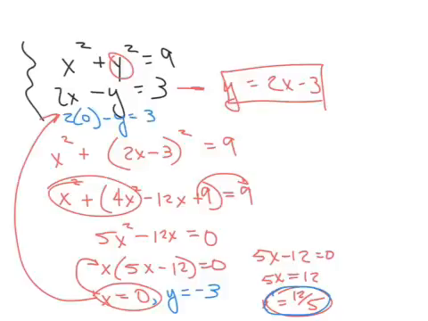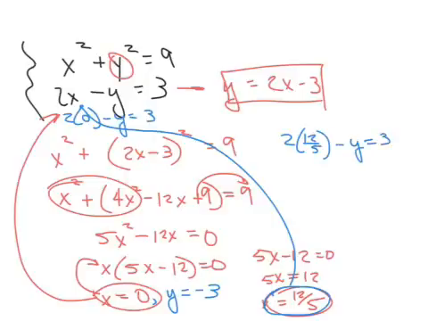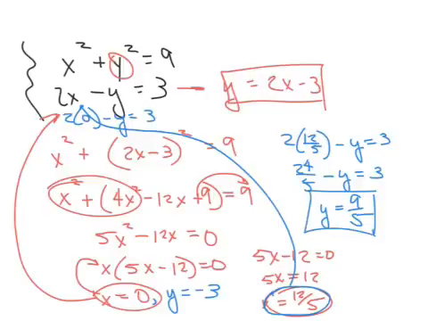Then I take the 12/5 and put it in here for x, and I get 2 times 12/5 minus y equals 3. 24/5 minus y equals 3. Then subtract 24/5 from both sides, change the sign of my y value, and I get y equals 9/5. So when x is 12/5, y is 9/5.